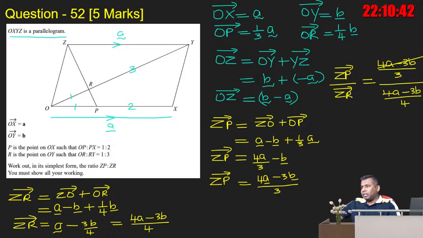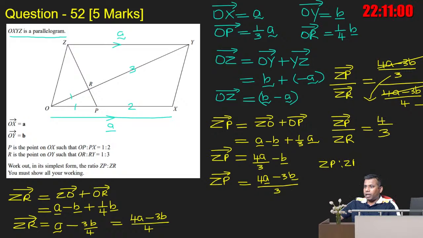Now this one cancels. The 4 goes up and 3 goes down. So the ratio SP over SR equals 4 over 3. So SP is to SR is equal to 4 is to 3. This is the 4 is to 3 answer.